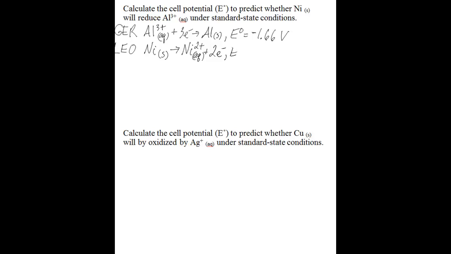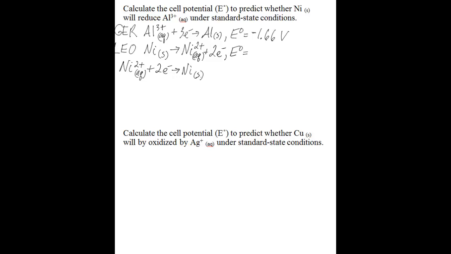Now for the oxidation of nickel, when you look up this value in a table of standard reduction potentials, you don't find the reaction shown here exactly. What you do find is nickel 2+ in aqueous form plus 2 electrons yielding the nickel solid.